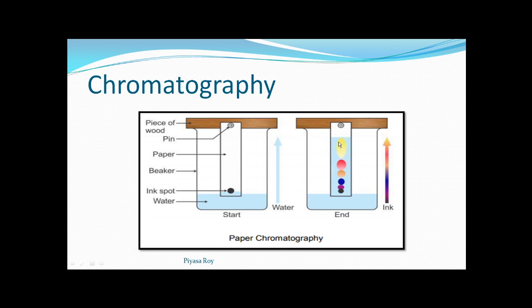The component whose rate of absorption is maximum will form the topmost spot, and the substance whose rate of absorption is less will form this lower spot, because it cannot rise much. Accordingly, other substances also form spots. So this is called paper chromatography.